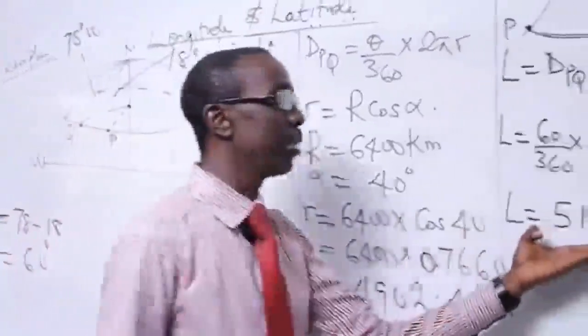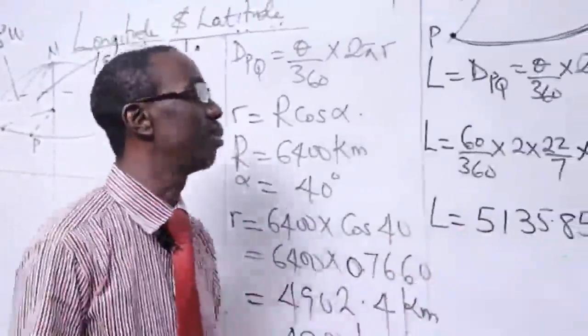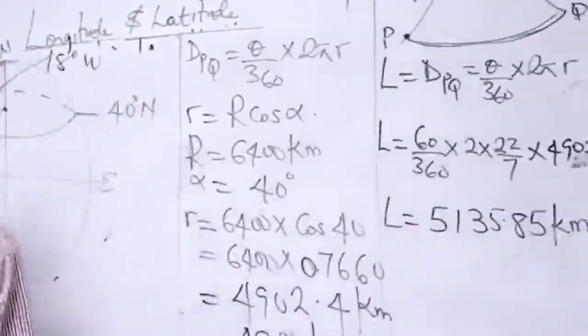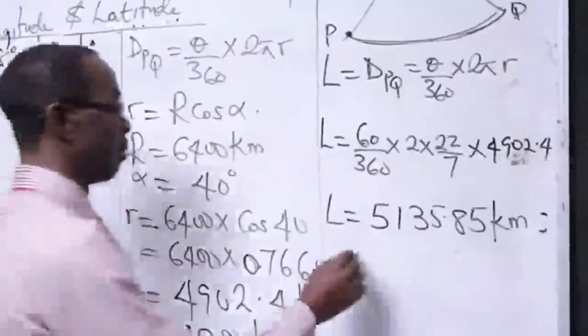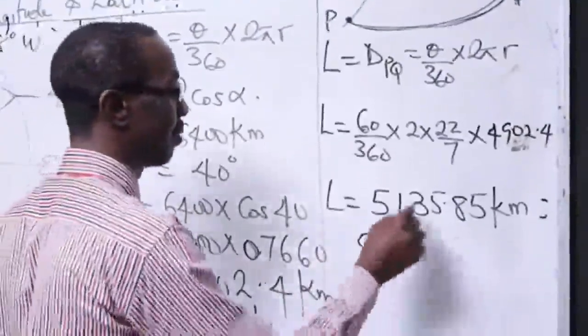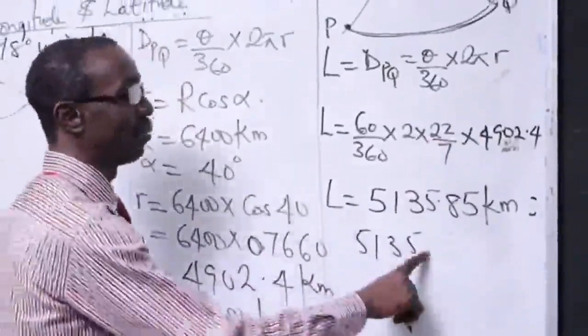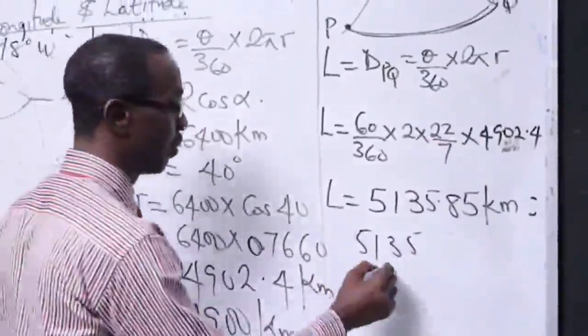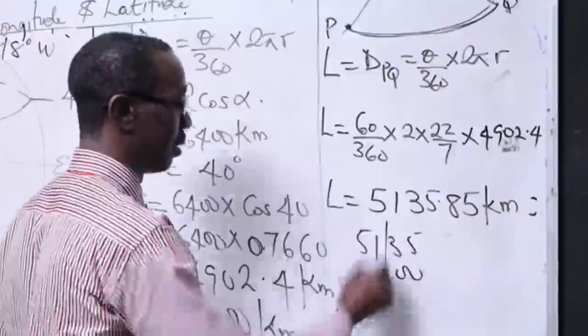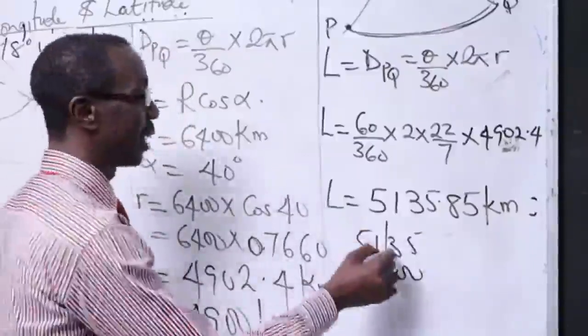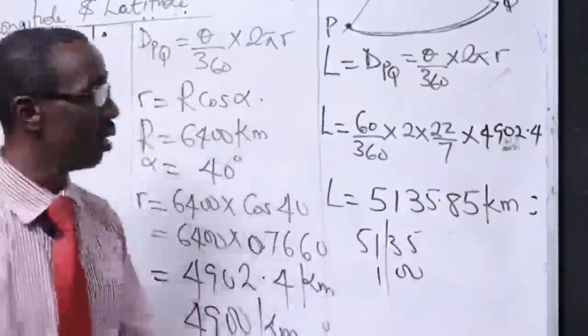Okay? If you want to solve this now to the nearest 100 kilometer, 5135 point, of course, decimal place is not that, the whole number is 5135. Nearest 100, if you write your 100 this way, it shows that 35 should go.